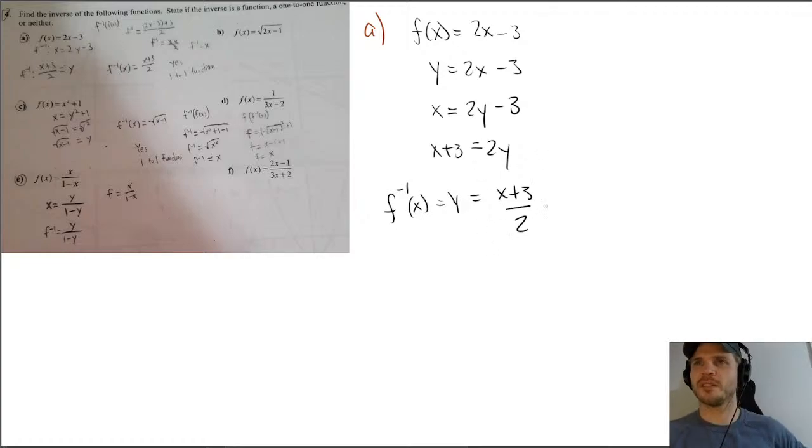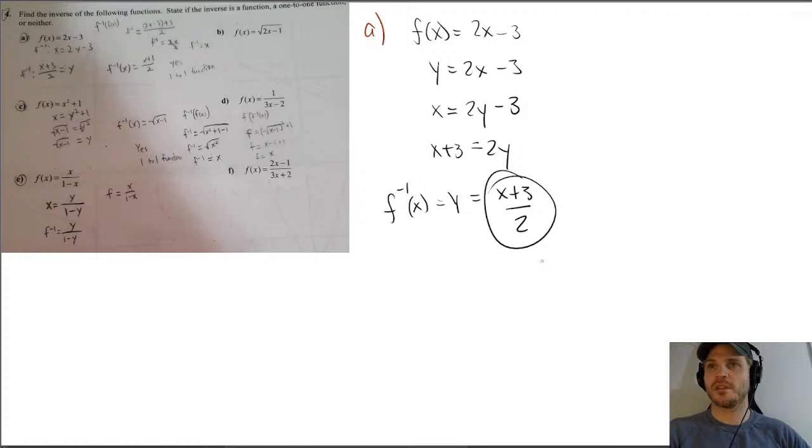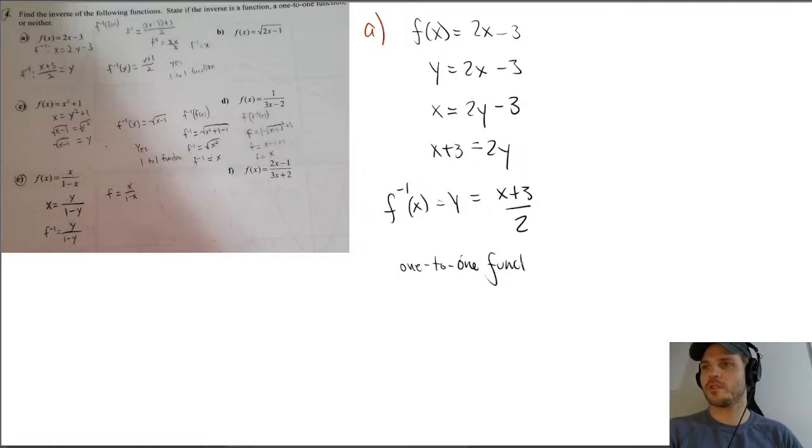This is a linear function, so it is a function, and it is also 1-to-1. Okay, let's do B.